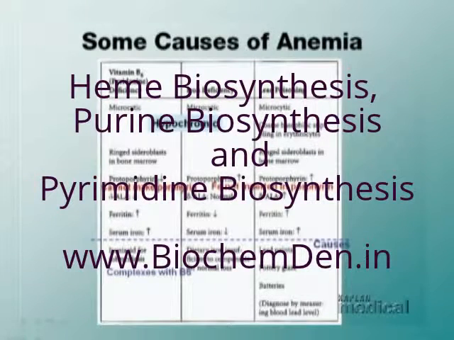Now let's look at delta-aminolevulinic acid. For vitamin B6 deficiency, the levels of ALA are going to be low, whereas for iron deficiency, they're going to be normal. And then for lead poisoning, they're going to be elevated. It's similar to the results you saw for protoporphyrin IX.